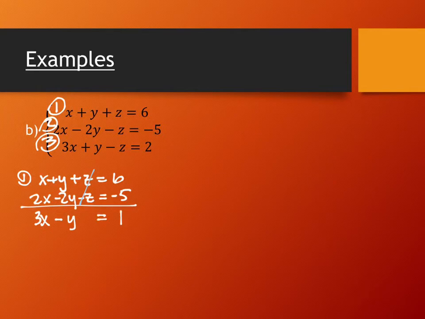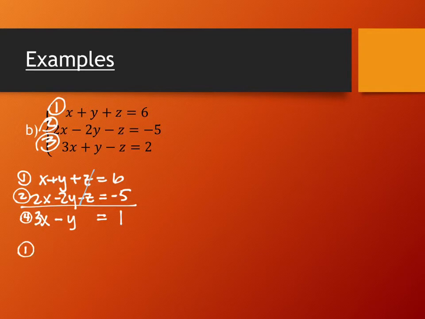Smaller coefficients, we like the problem better already, right? This will now be called equation number 4. Okay, now I know I have to take equation 3 because I haven't done anything with it yet. But do I want to take equation 3 with 1 or equation 3 with 2? 1.